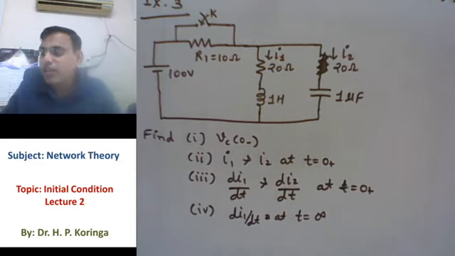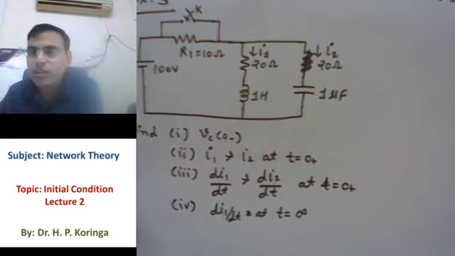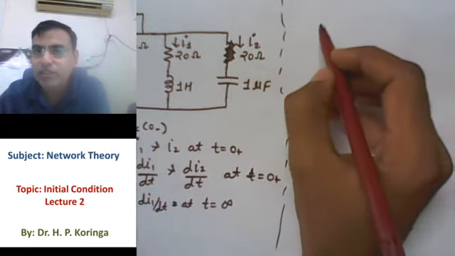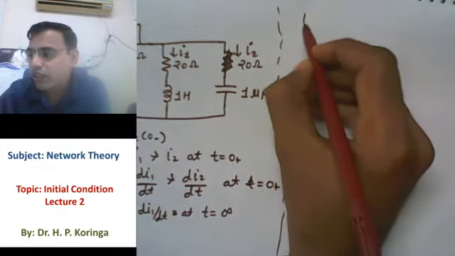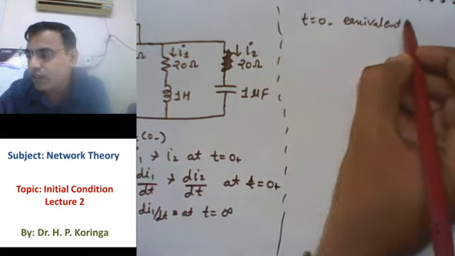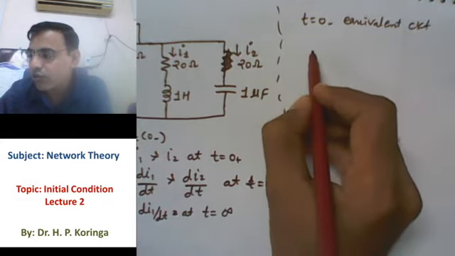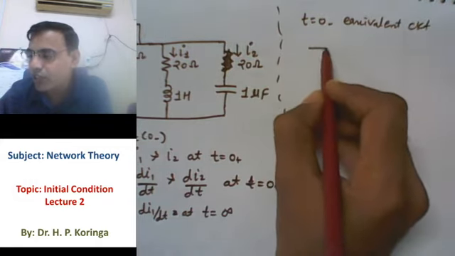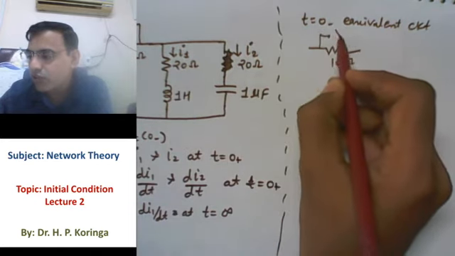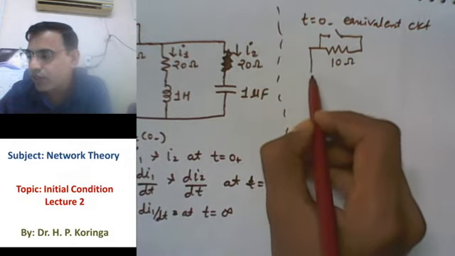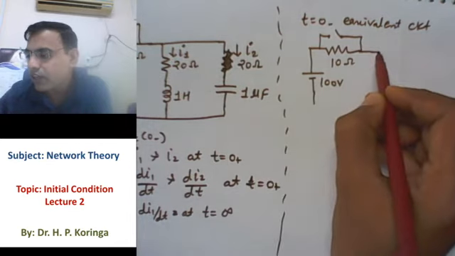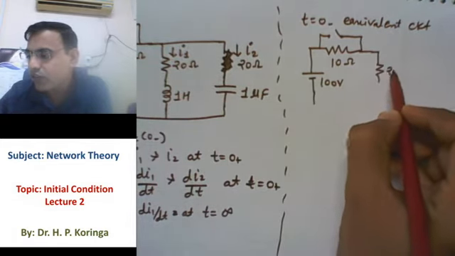So let me draw the equivalent circuit of the network at t = 0⁻ times. Here I have the 10 ohm resistor, the open switch, the 100 volt source, and the R of 20 ohm.